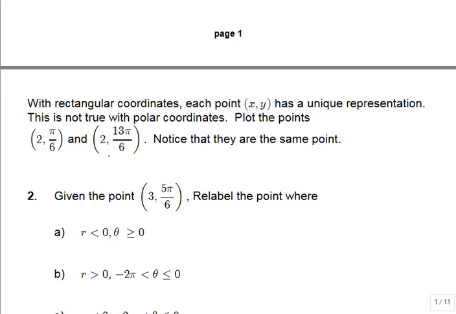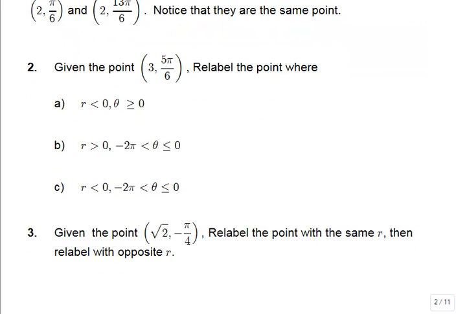So let's take a look at (3, 5π/6), and let's relabel the point so that it's an equivalent point, but it has a slightly different look to it. For part A, we want the r to be negative, and we want the theta to be positive, greater than or equal to 0.